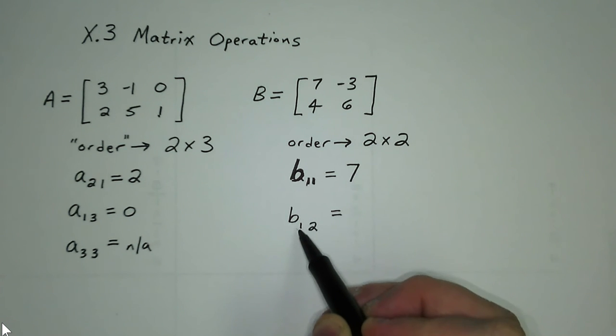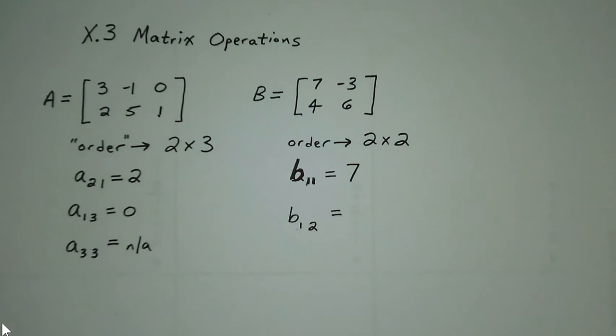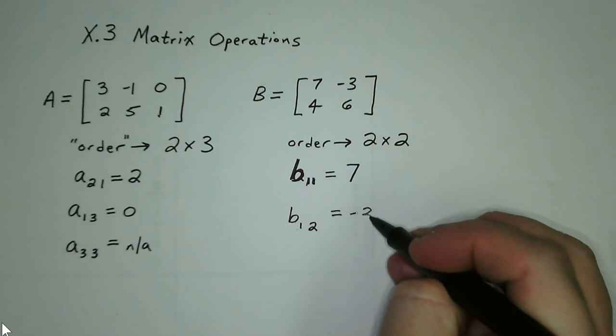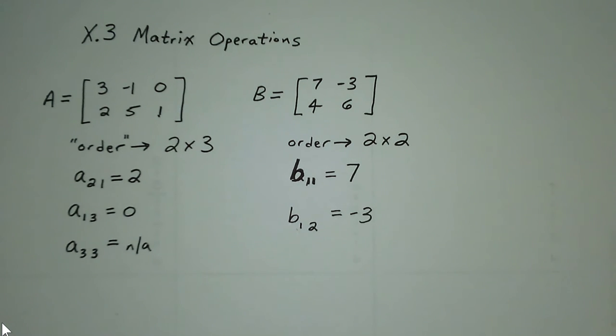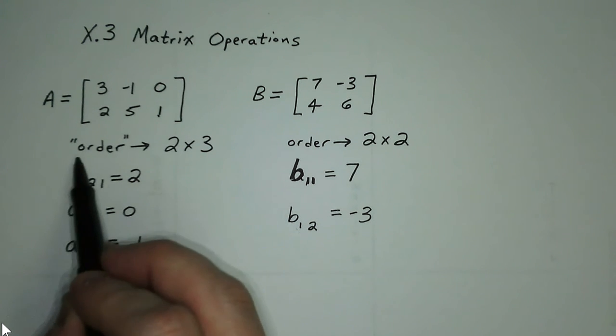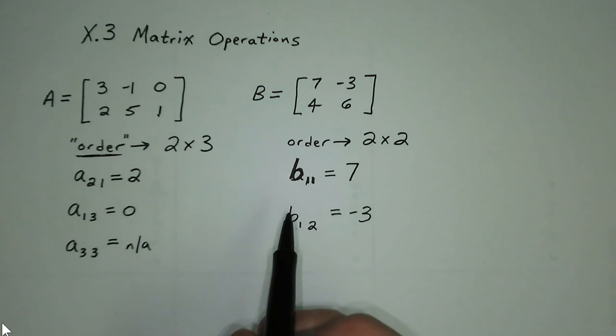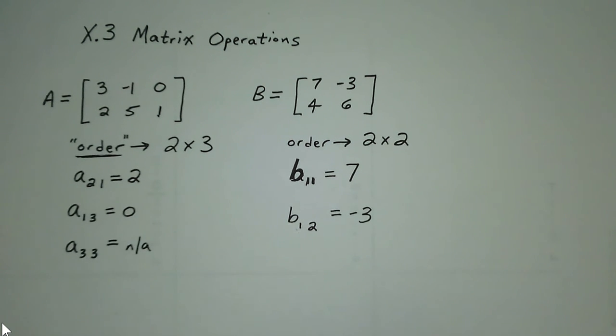Row 1, column 2, that of course would be the negative 3. Okay, so that's the first couple of very general matrix teaching points, right? The order of a matrix, and then how to specify individual elements.